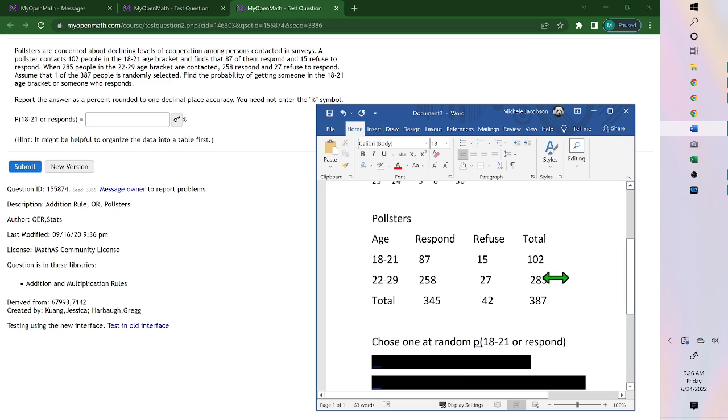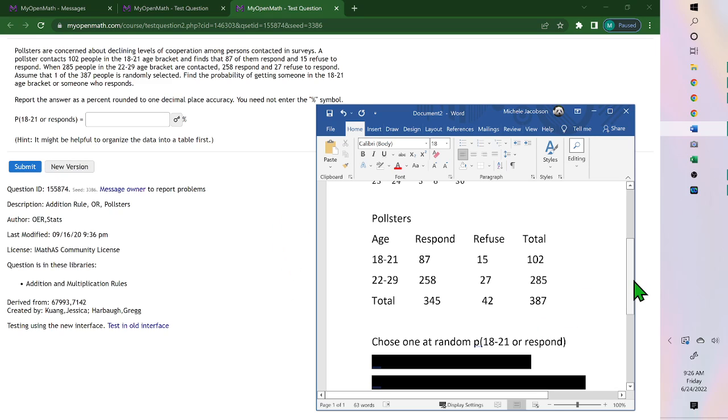And then he contacted 285 people in the 22 to 29 range, 258 responded, 27 refused. And then I counted the total so that adding down, this is the total that responded, and this is the total that refused. And this is the total number of people, which they did say we're pulling 1 of 387 people at random.